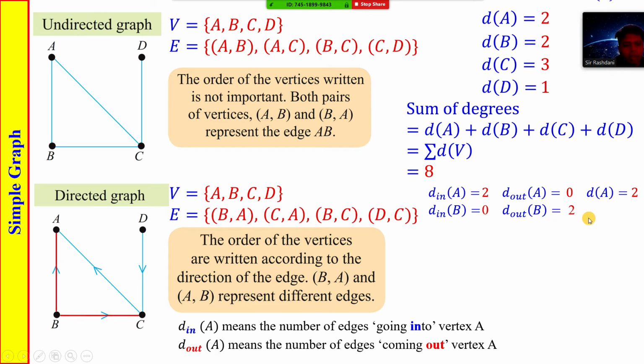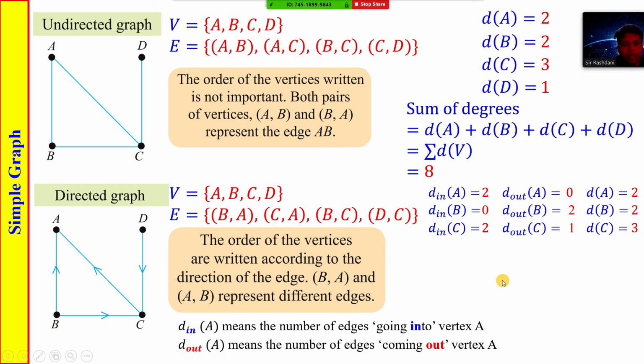So the total degree of B will be 2. For vertex C, into C we have 1 and 2, so we have 2. And then degree out of C is 1 only. So the total degree of C will be 2 plus 1, you get 3.